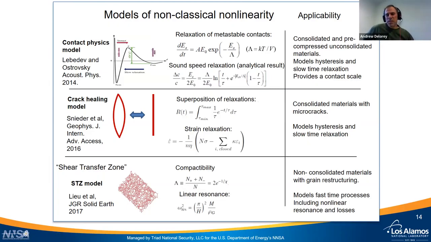The model is hysteresis and slow time relaxation and provides a contact scale. Crack healing, you can model consolidated materials with microcracks, models hysteresis and slow time relaxation. And STZs are non-consolidated materials with grain restructuring, and you can model fast time processes, including nonlinear resonance and losses.